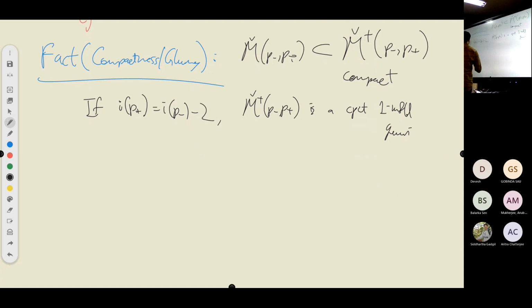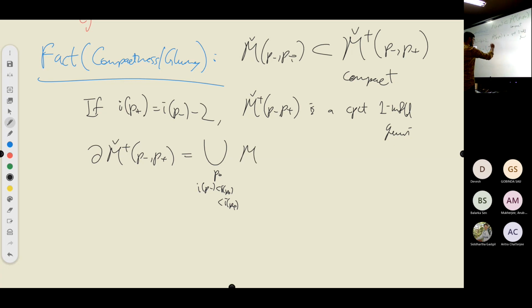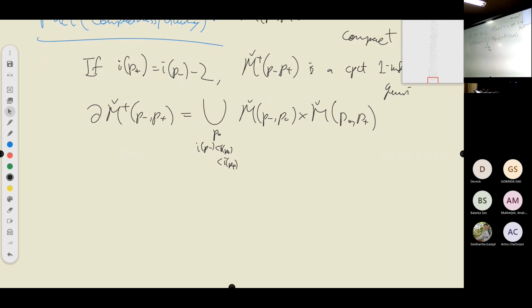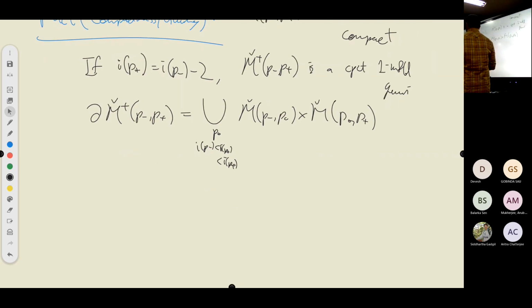Okay, so what does this buy us? Not only this, we can also say this, that in this case it's compact and we know what the boundary is.